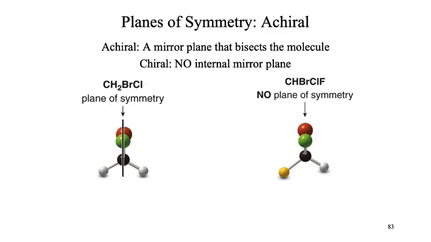So if we turn this structure a little bit, let's see, which way do I want to turn it? Green, white. Red, white.